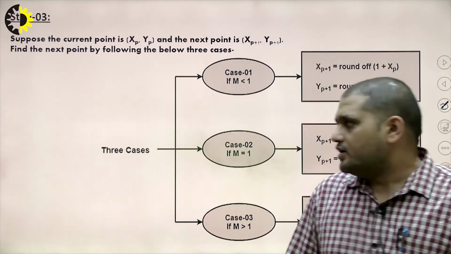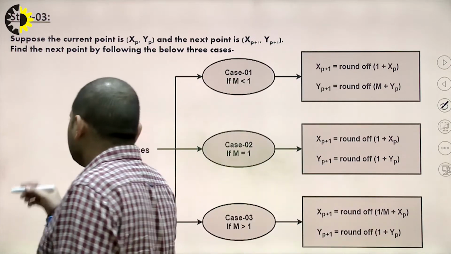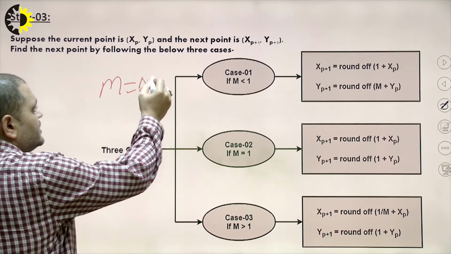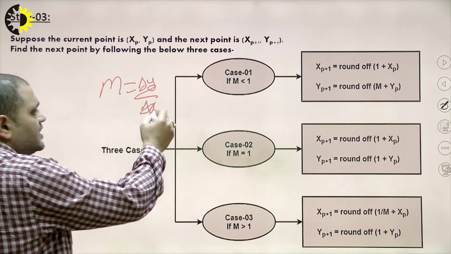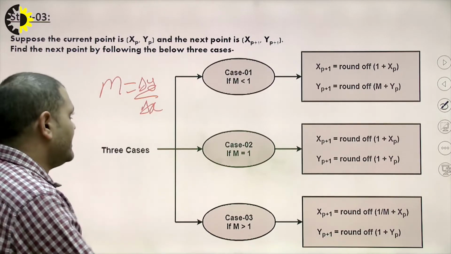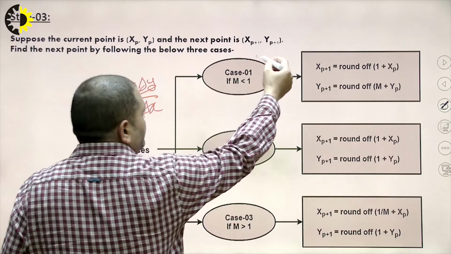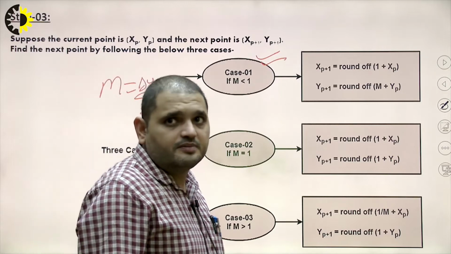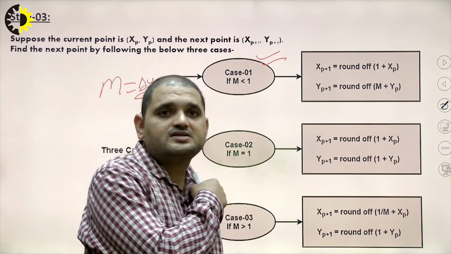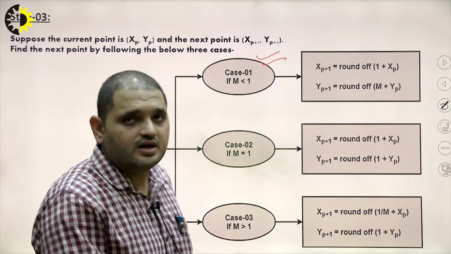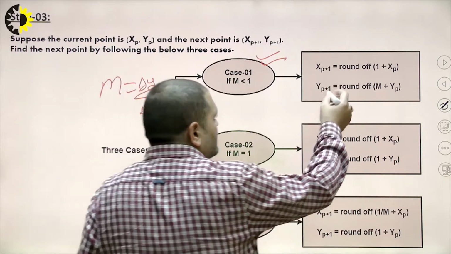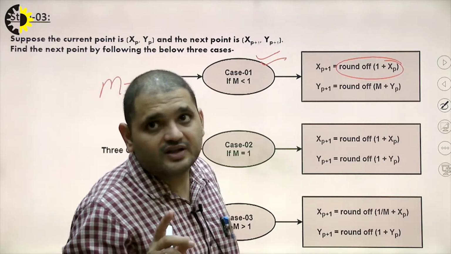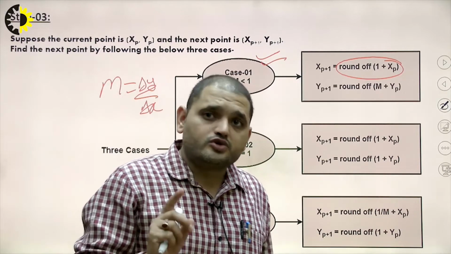So we have to find m, so m will be equal to del y by del x. Once we have calculated m, case 1: if m is less than 1, then xp+1 is the next point. xp+1 equals round off of 1 plus xp. We take an integer value, not a decimal value, so we are rounding off.